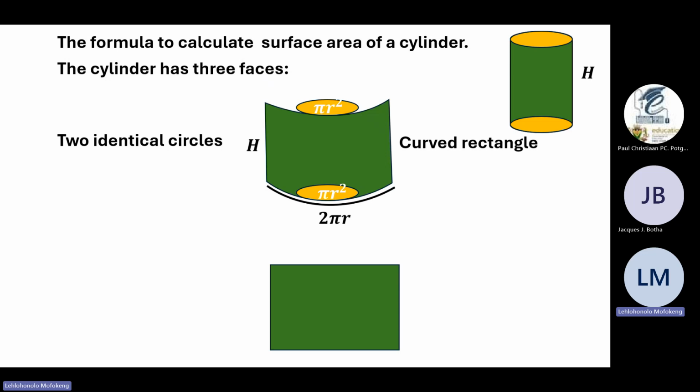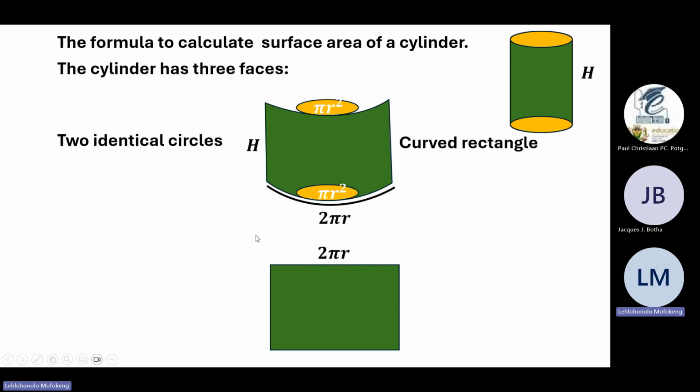You will see exactly the rectangle, but the length of the rectangle, as I've alluded, is the circumference of a cycle, and the circumference of the cycle is 2 pi r. Therefore, the length will give us 2 pi r.